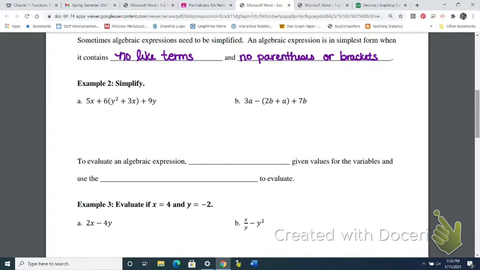In other words, in order to have a simplified expression, there can only be one of each term, and you have to get rid of the parentheses.